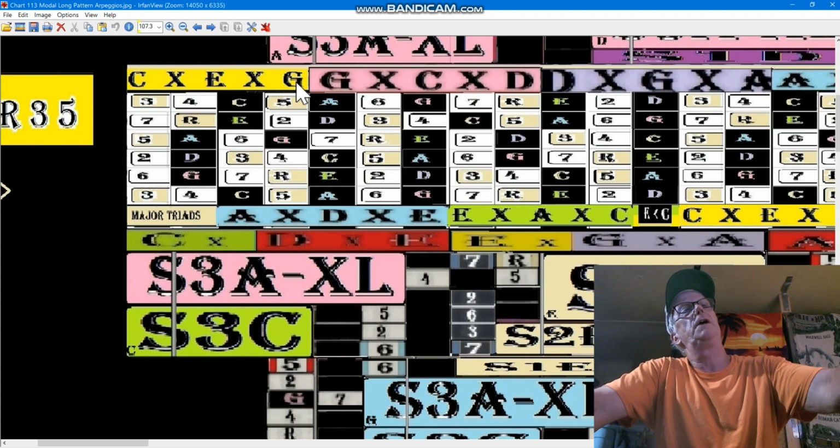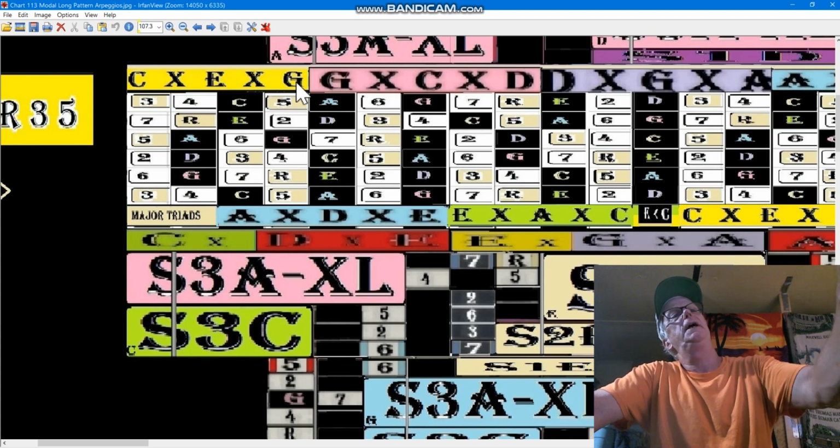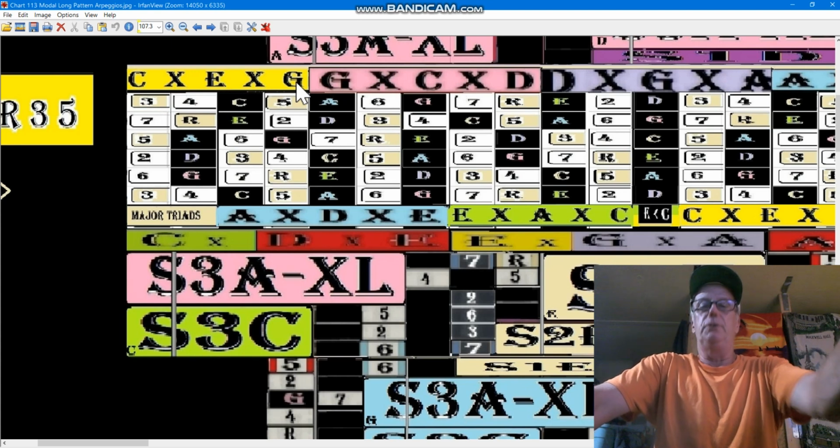Root 2, 3, 4, 5, 6, 7 root. 4, 6 root is F, or the fourth. 5, 7, 2 is the G.